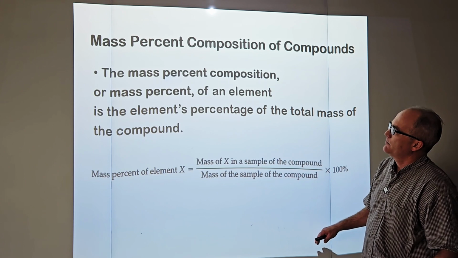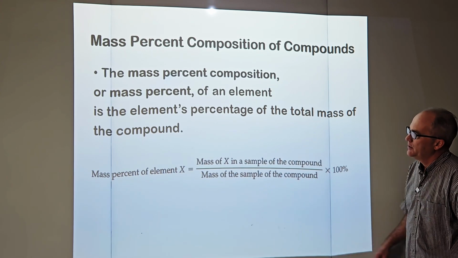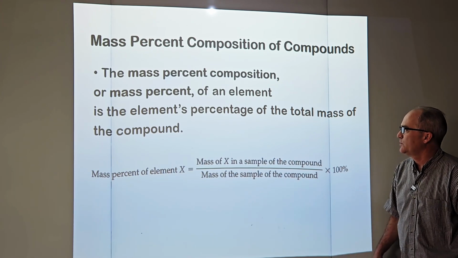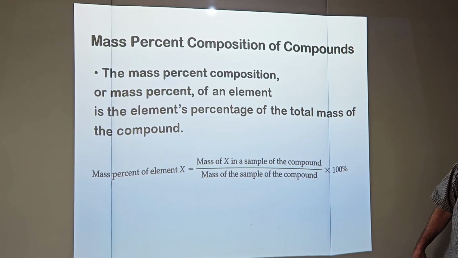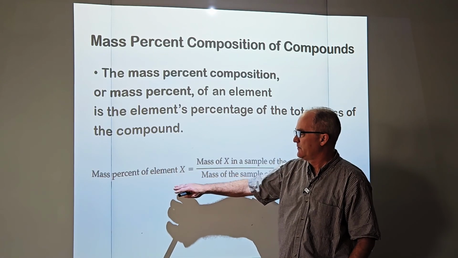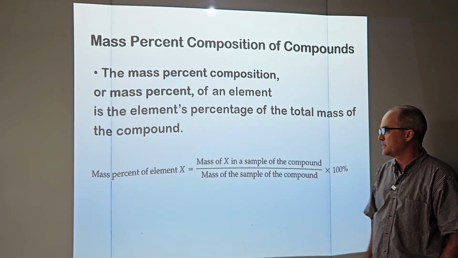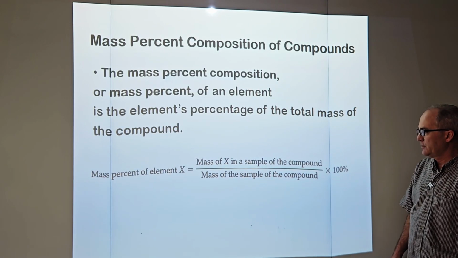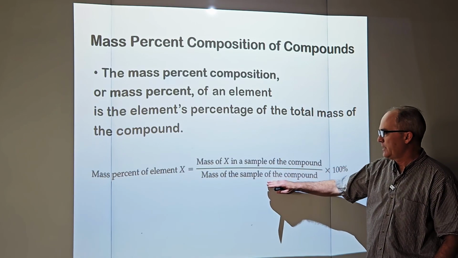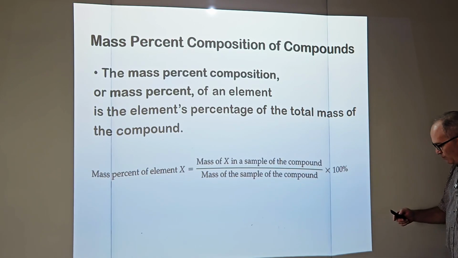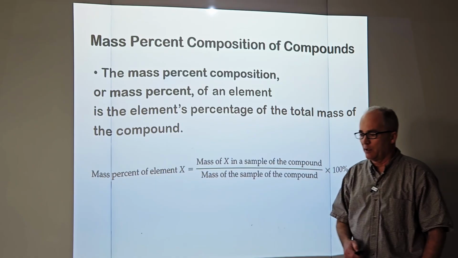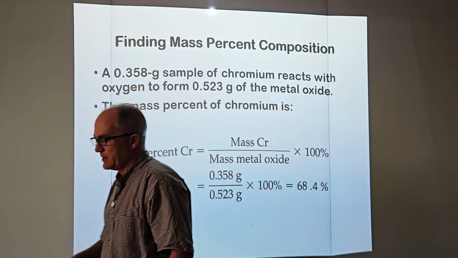The mass percent composition, or mass percent of an element, is the element's percentage of the total mass of the compound. So mass percent of some element, we'll just call X, is the mass of X in that sample of the compound divided by the mass of the whole compound multiplied by 100 to turn it into a percent.